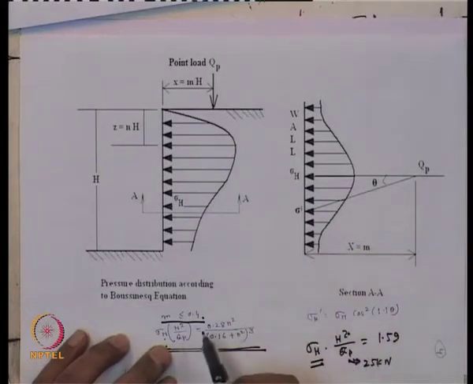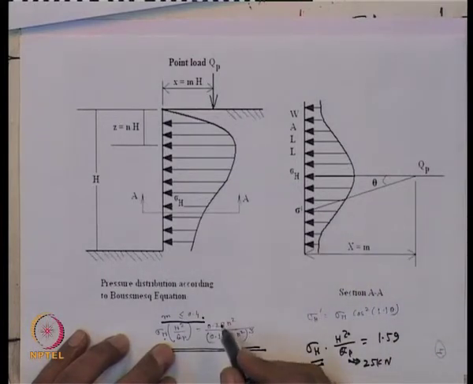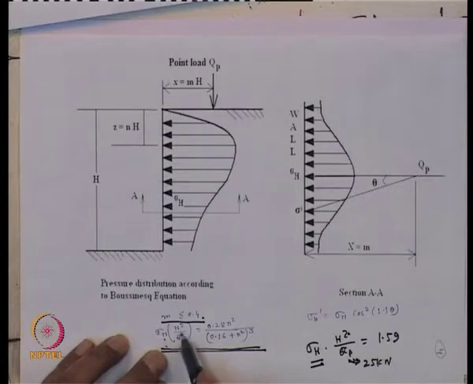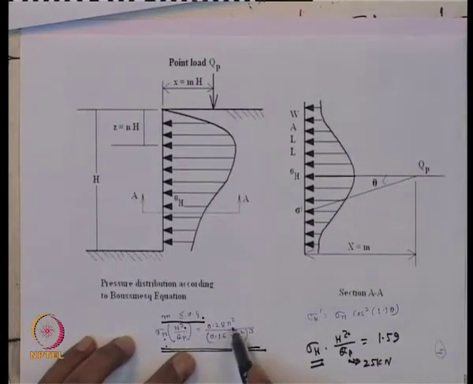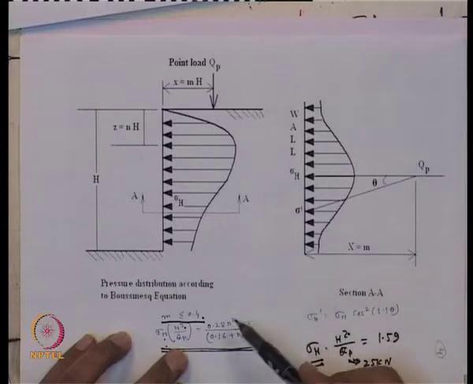In this case, you can see the m value is 0.175, so it is less than or equal to 0.4. Therefore, sigma h H squared by Qp is equal to 0.28 n squared by (0.16 plus n squared) whole to the power 3. We will use this equation to calculate sigma h H squared by Qp, because the n value is known to you.